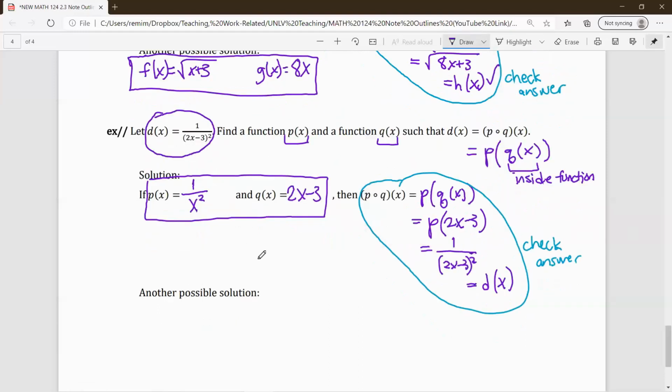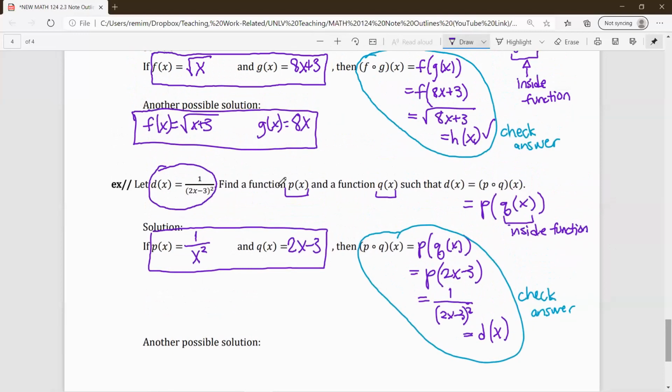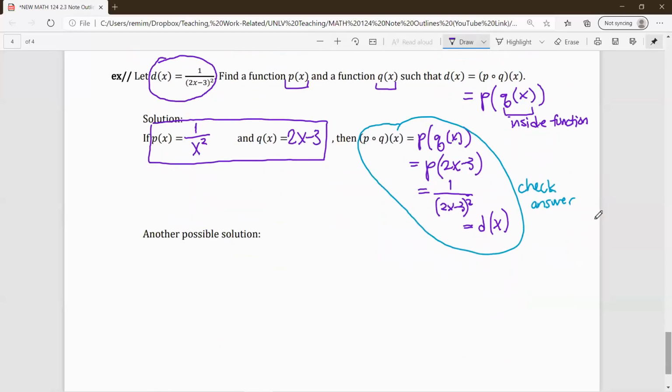And if we try to come up with another solution, I can actually see two other possible solutions that we could come up with. q of x equals. So I am going to use (2x minus 3) squared as my inside function this time.